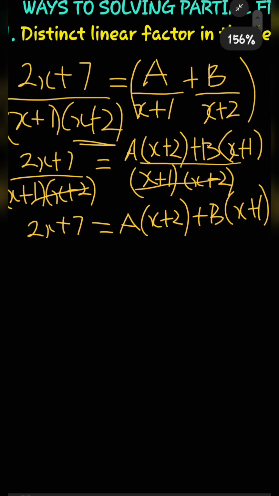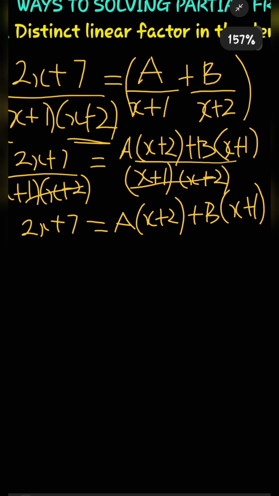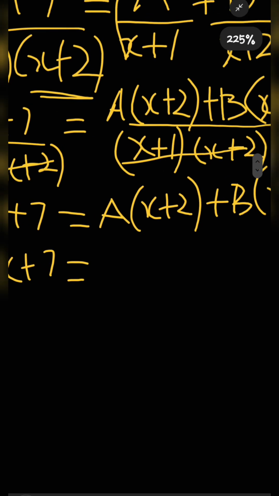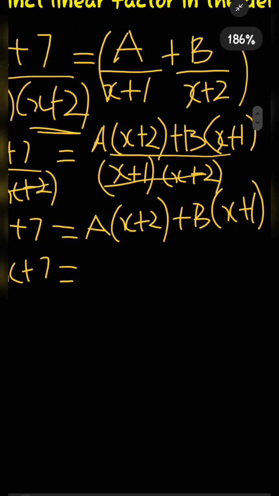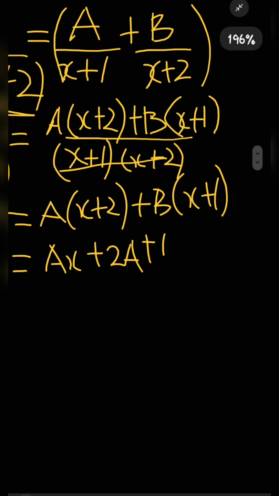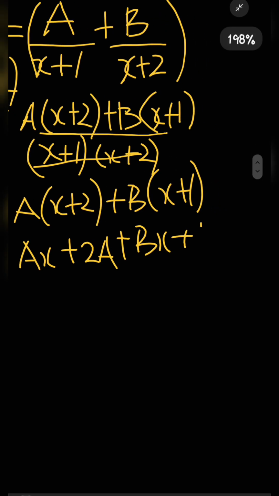Now let's simplify this part. 2x plus 7 is equal to a times x, we have ax, plus 2 times a, we have 2a, plus b times x, we have bx, plus b times 1, we have b.